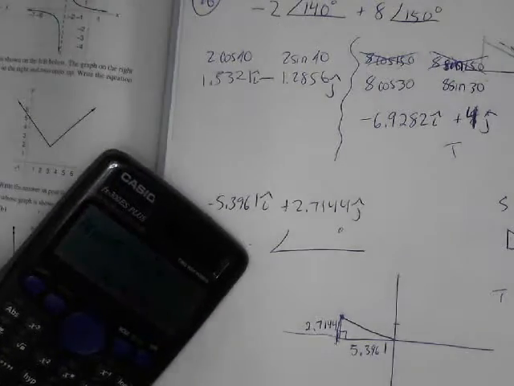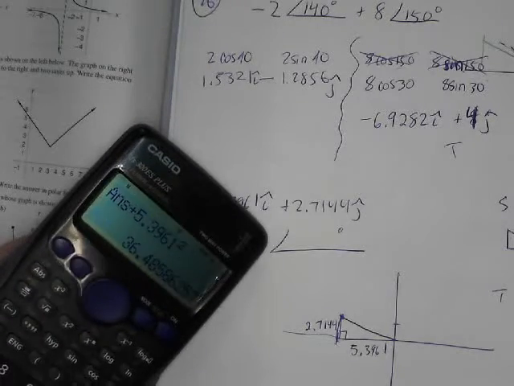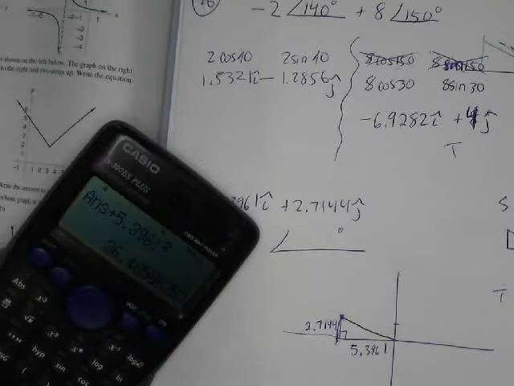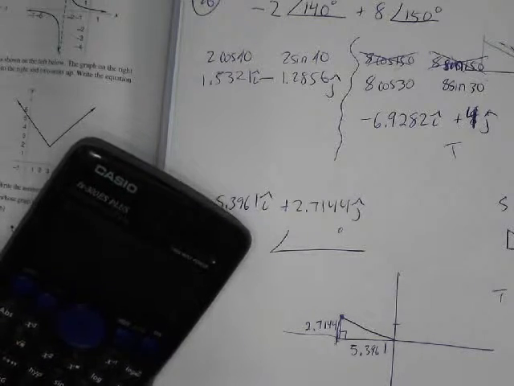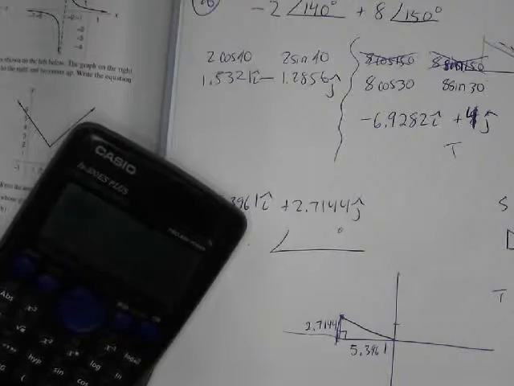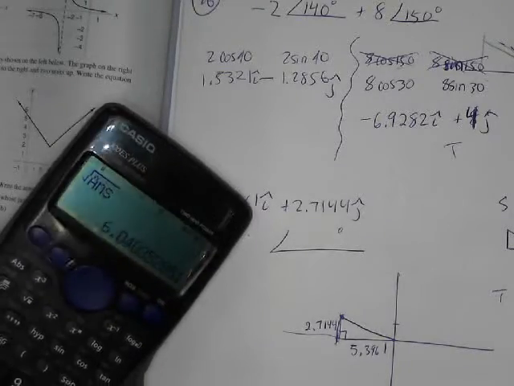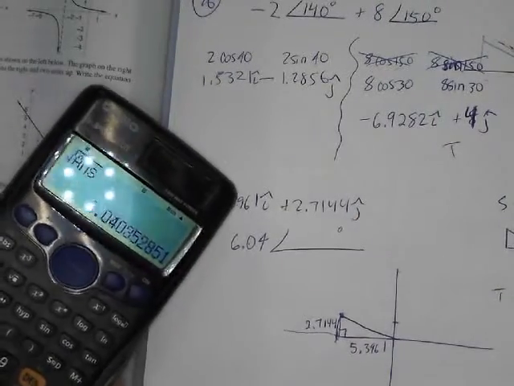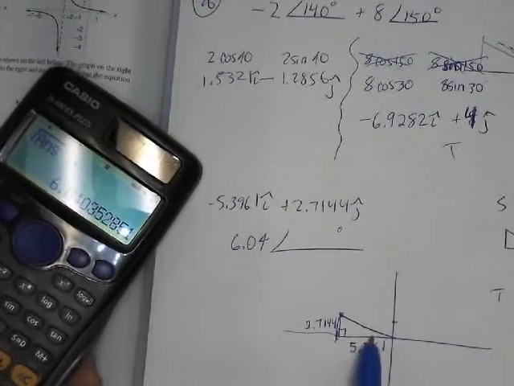And I got 36.485 and so on, squared, but then I need to take the square root. Square root of the answer, yeah, 6.04-ish. Did anyone get something sort of like that?